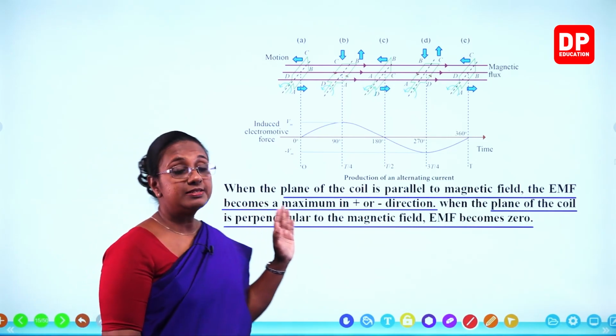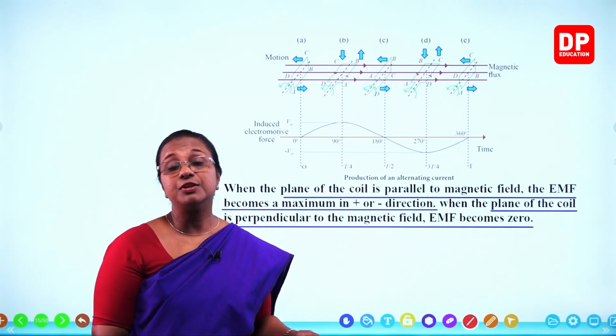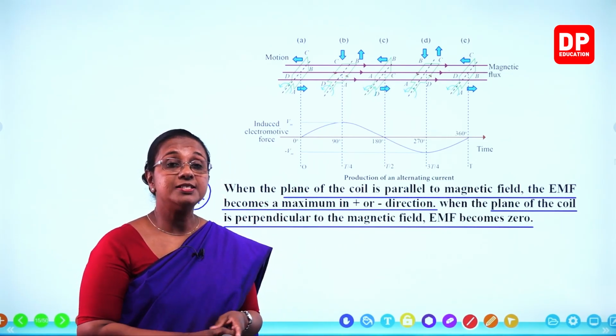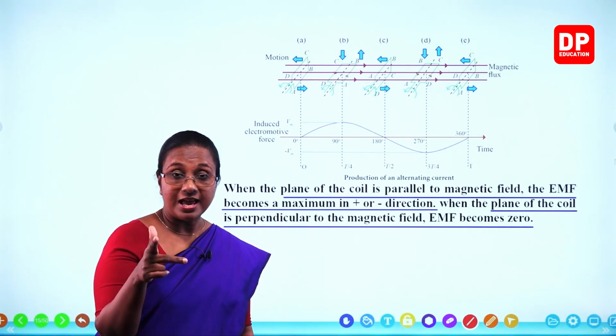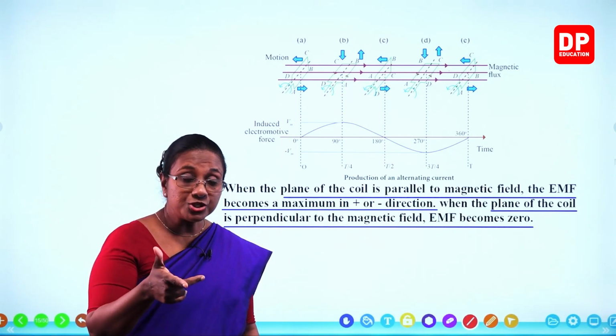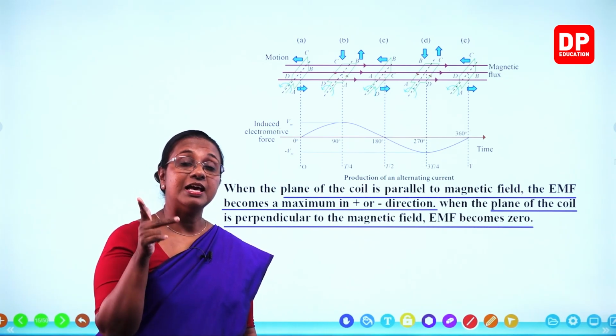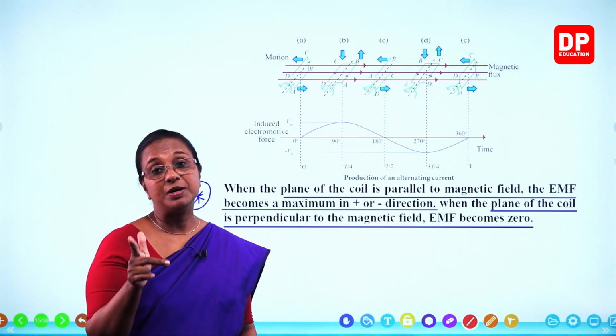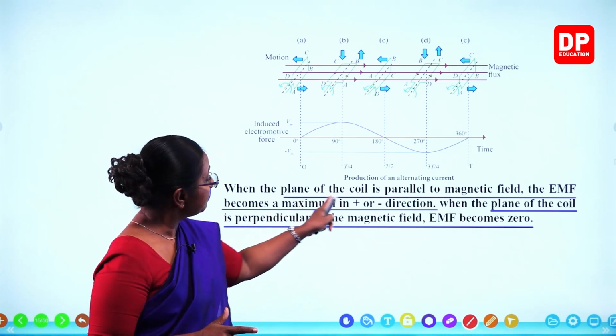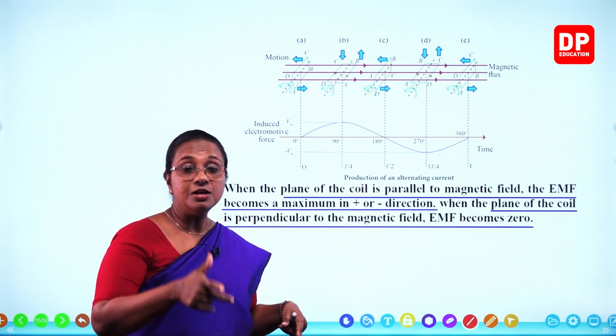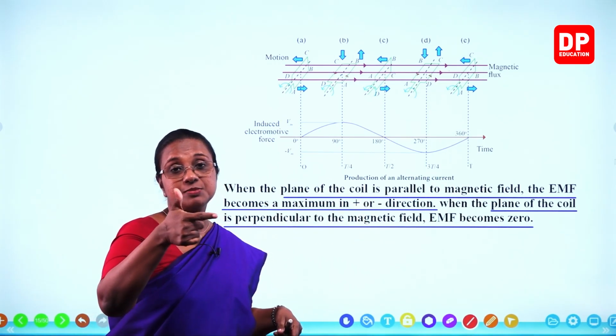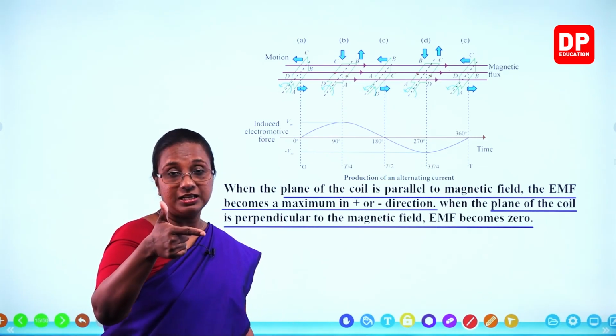So you can't decide based on the plane of the coil. You have to consider Fleming's right-hand rule. The motion, magnetic field and the current have to be perpendicular. So when the plane of the coil is parallel, motion is perpendicular to the magnetic field.